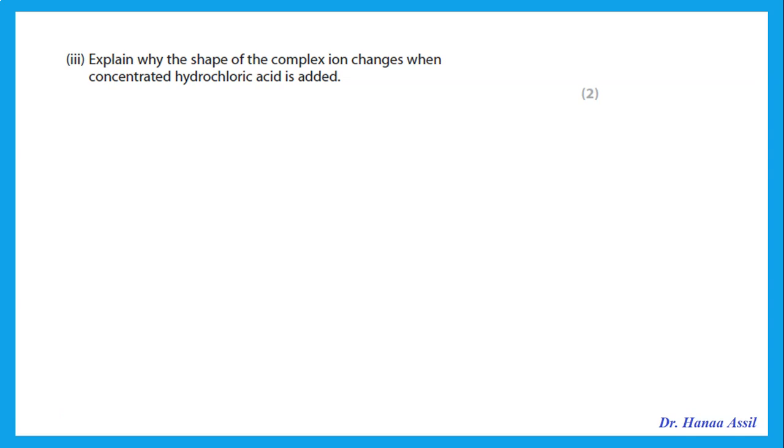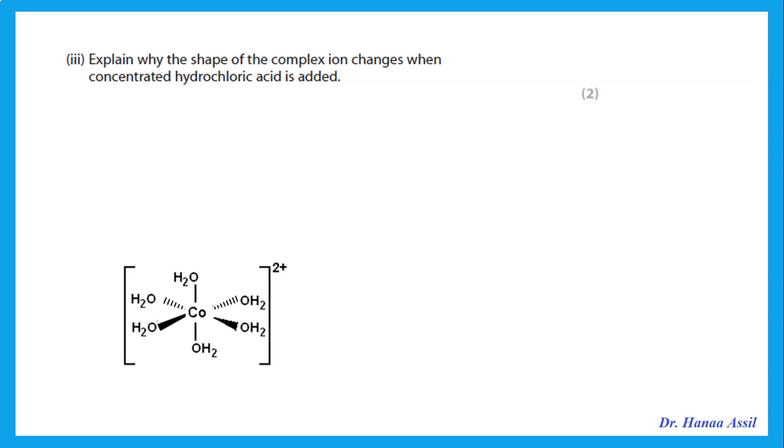Explain why the shape of the complex ion changes when concentrated hydrochloric acid is added. Again, if I have cobalt with 6 water, then this is octahedral. But when I react it with chloride, it forms 4 dative bonds with 4 chloride ions. This is tetrahedral.